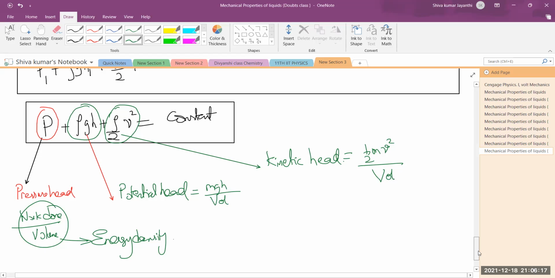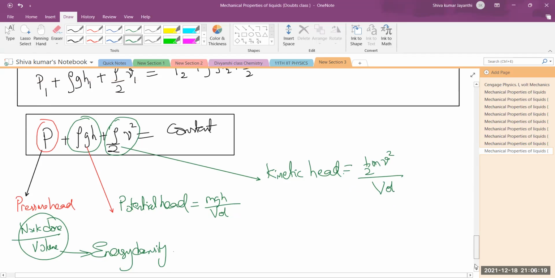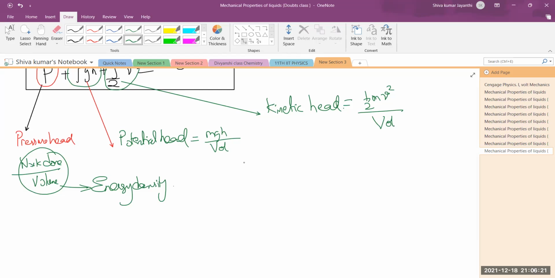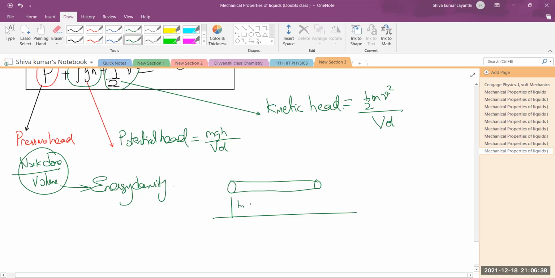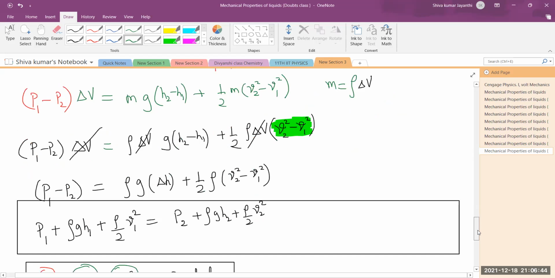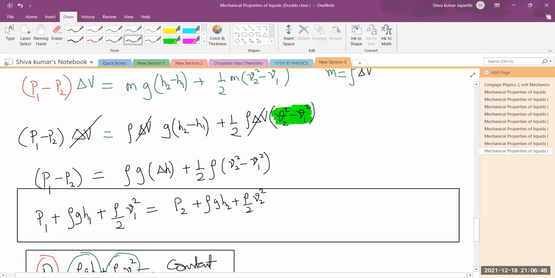Whether it is correct or not, how to check, how to verify it. Now, the verification I will tell you. You take the fluid in the container such that it is at the same height from the ground. Same height from the ground. Then what will happen? H1 is equal to H2. Then what will happen to this equation? You see, here it will become 0. This term won't exist.